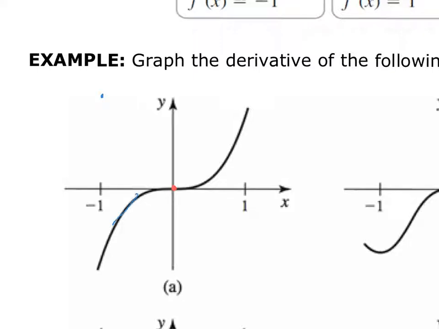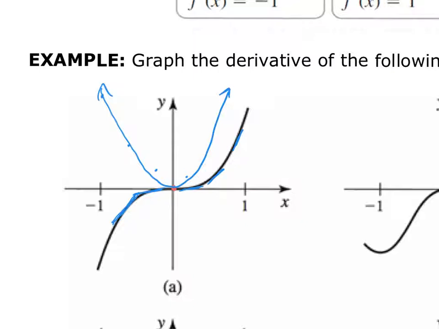Now this slope right here isn't quite as steep, so my number isn't going to be quite as tall. This slope here is even less steep, so it's going to be right about there, give or take. This slope here is pretty low, and then it gets a little bit bigger, and then it gets a little bit bigger, and so this is what the derivative graph may look like.